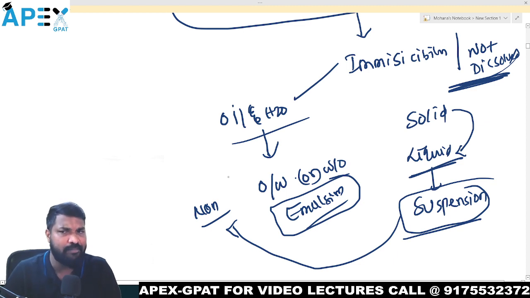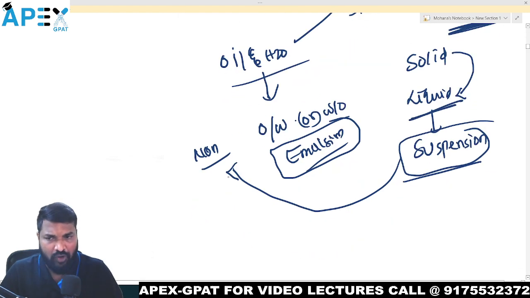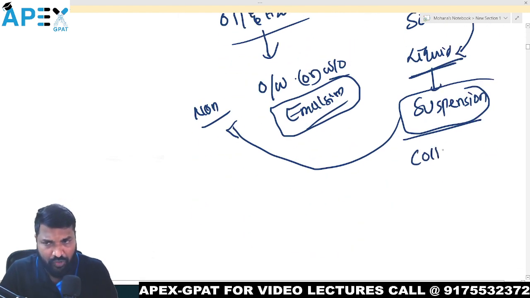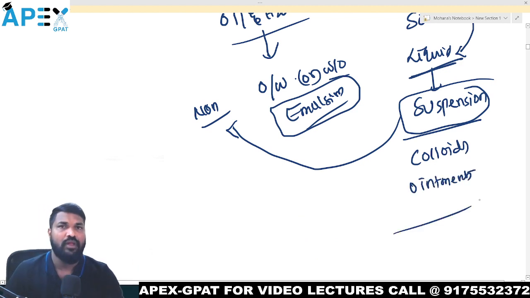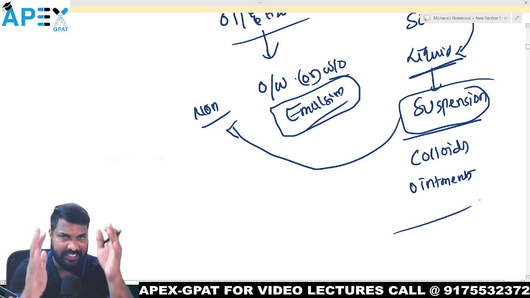Is there any other example? Even colloids also show non-Newtonian flow, and ointments also show non-Newtonian flow. These are the best examples for non-Newtonian flow, whether immiscible or insoluble solid content is there in the system.